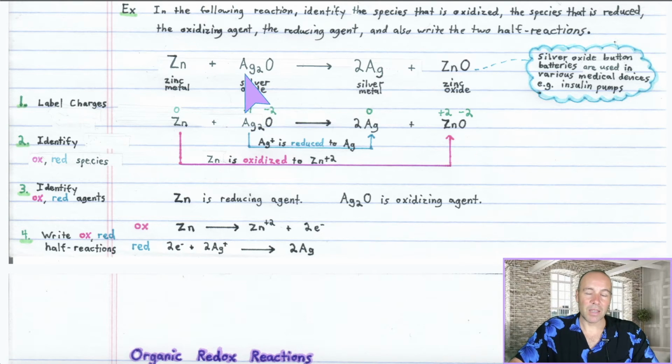And you can see that in this ionic compound, there are two silver plus cations, and they form two silver atoms. And so we need to show what happens to both of them. Those two silver plus cations grab onto both of those electrons and therefore form two silver atoms. So those are the oxidation and reduction half reactions.